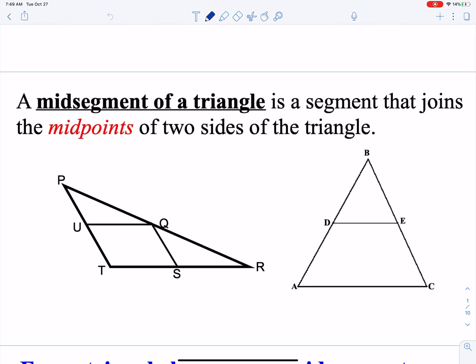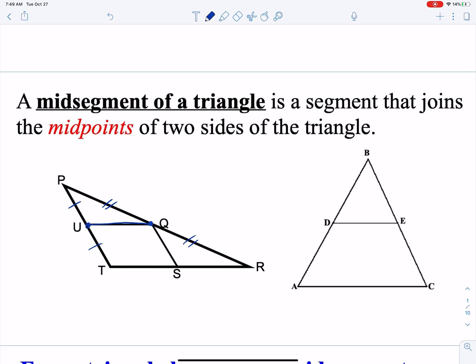First, a little vocab. A midsegment of a triangle is a segment that joins the midpoints of two sides of the triangle. So if we're looking at midsegment UQ, it's joining point U, the midpoint of side PT, and Q, the midpoint of side PR.